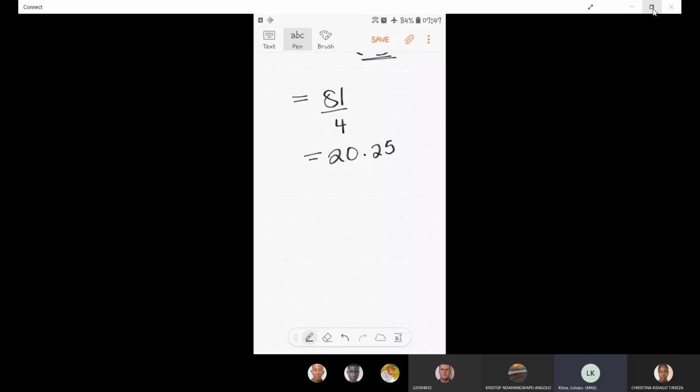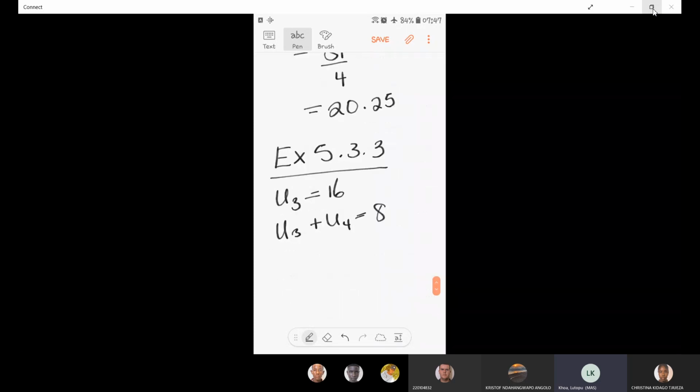Then this is number 2. We're on exercise 5.3.3 now. With this one we are told that U3 is 16 and that U3 plus U4 is equal to 8. That means the sum of the third and the fourth term is equal to 8.